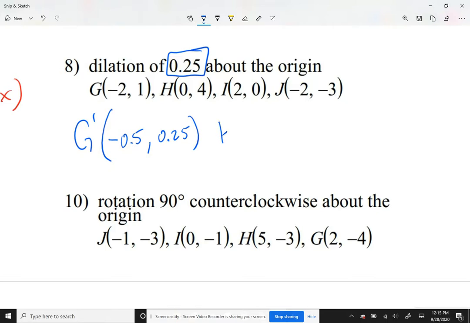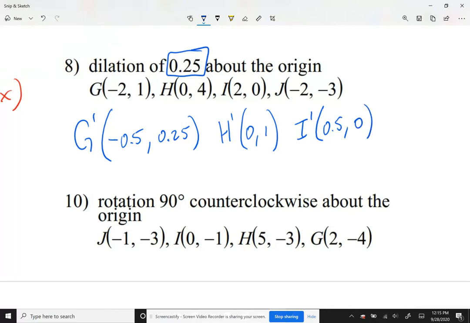Now, if I wanted to know H prime, multiply the values of H, multiply each of them times 0.25, and that gives me the point 0, 1. If I'm looking at I prime, multiply each of the values on I, multiplying by 0.25, that gives me 0.5, 0.